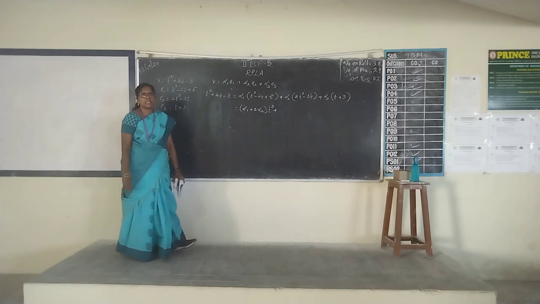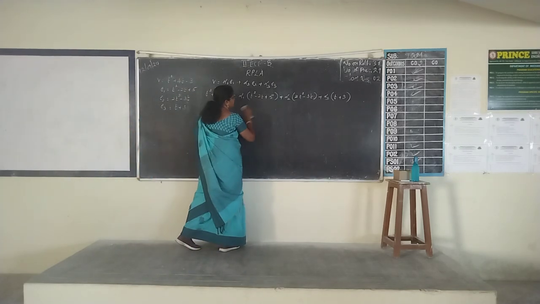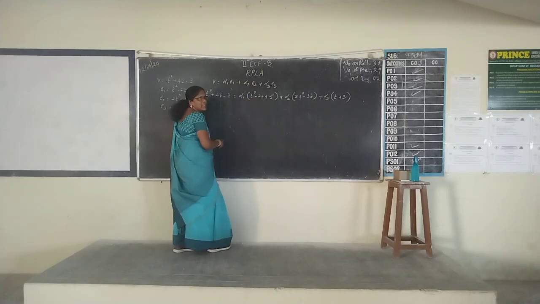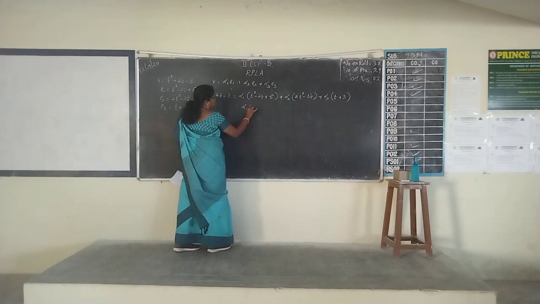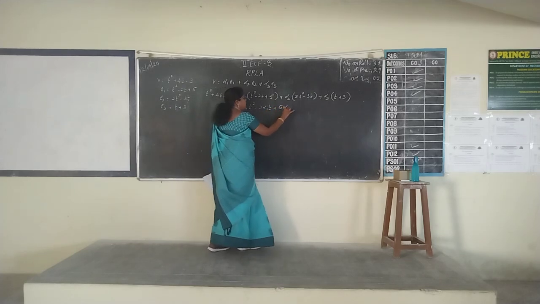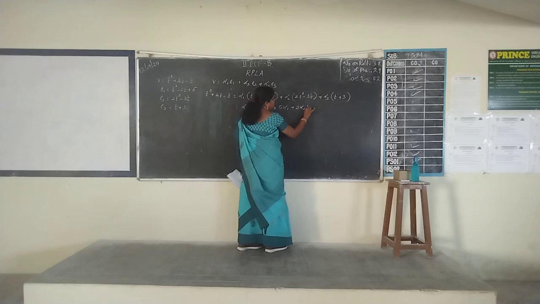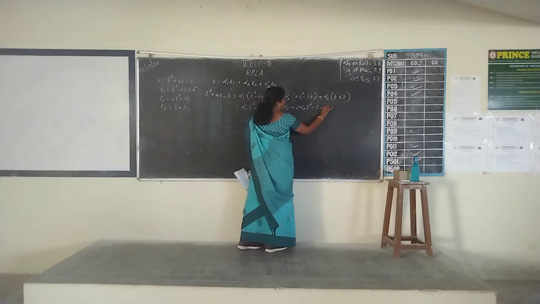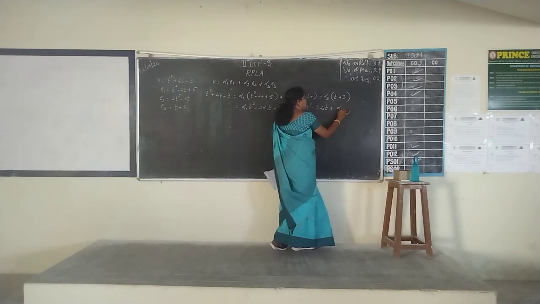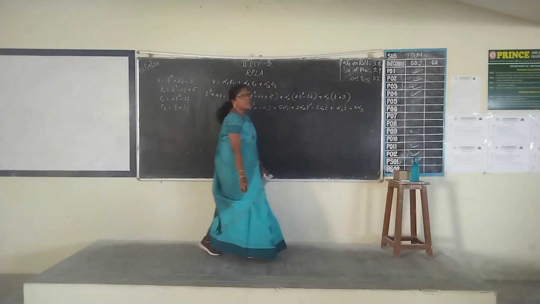Now collect all the t terms. Do it in 2 more steps. Multiply alpha 1 inside, what you will get? Alpha 1 t square minus 2 alpha 1 t plus 5 alpha 1. Multiplying alpha 2: 2 alpha 2 t square minus 3 alpha 2 t, plus alpha 3 t plus 3 alpha 3. Just ordinary multiplication.